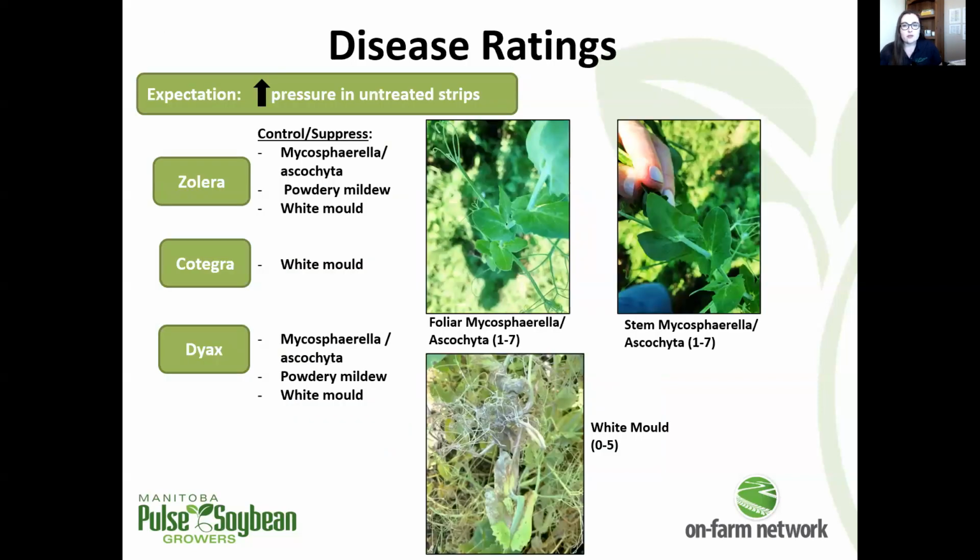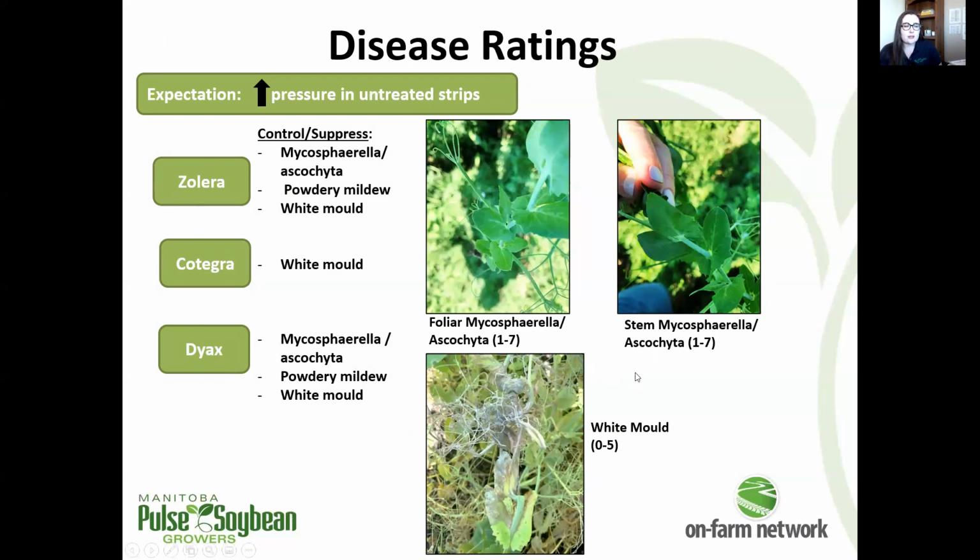Before we dive into the results, I want to give you an idea of what we're working with this year. These are the 3 types of fungicides that our trials utilize and what diseases are controlled or suppressed by those fungicides. When we go out and take our post-spray disease ratings, we're looking for foliar and stem Mycosporella or Ascochyta.